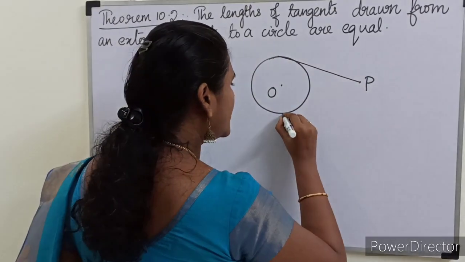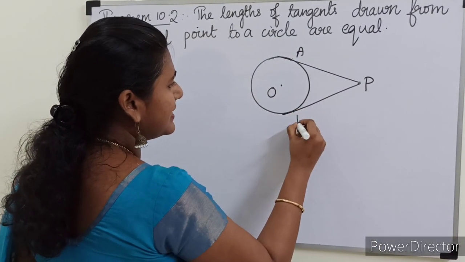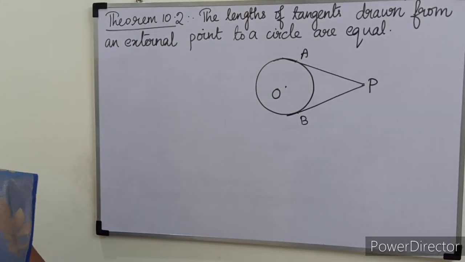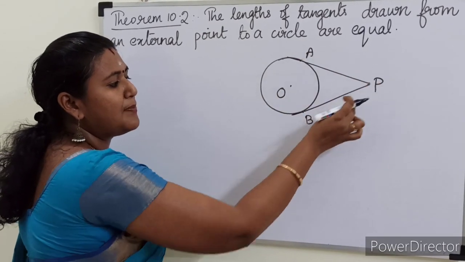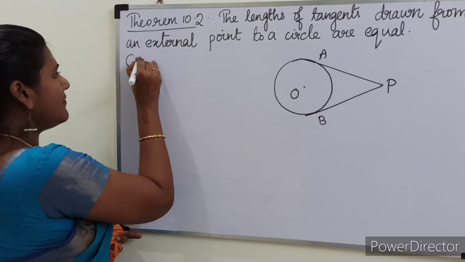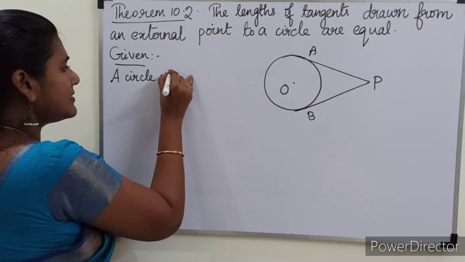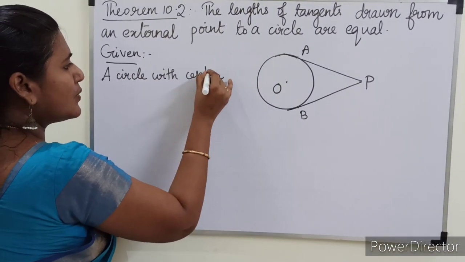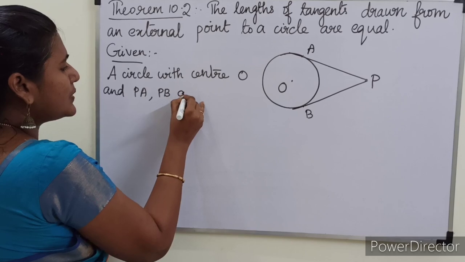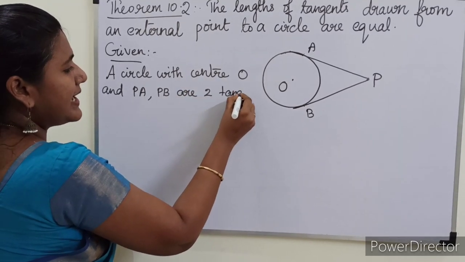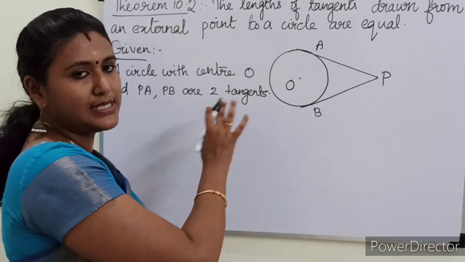From P we are drawing two tangents to the circle, and the points of contact we denote as A and B. So, given a circle with the center O, PA and PB are two tangents from the external point P to the circle.